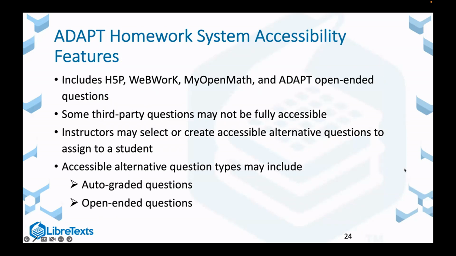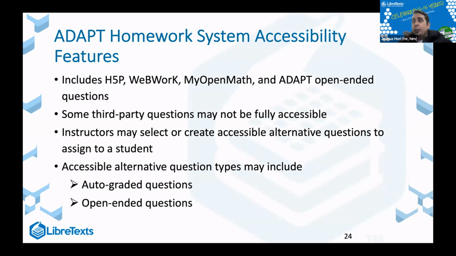And it includes page navigation, and you can organize the questions or the groups of questions by chapter for the course. And yes, so you jump to the next slide, right? I jumped to the next slide as you were talking about it, because as soon as you said H5P, WebWork, I moved over to slide 24.